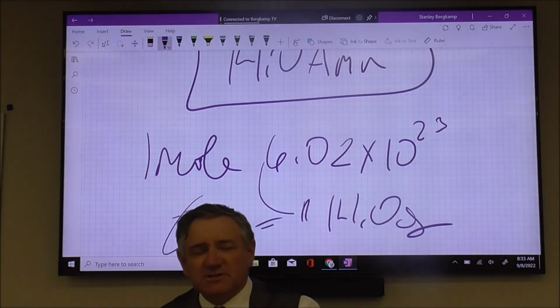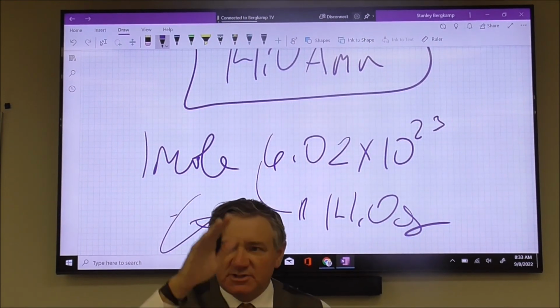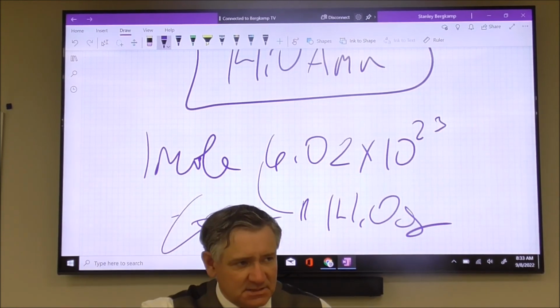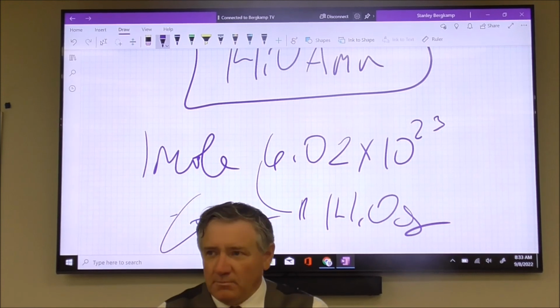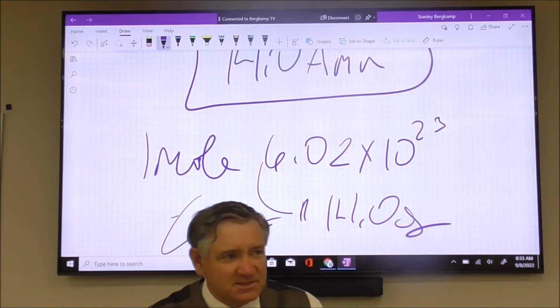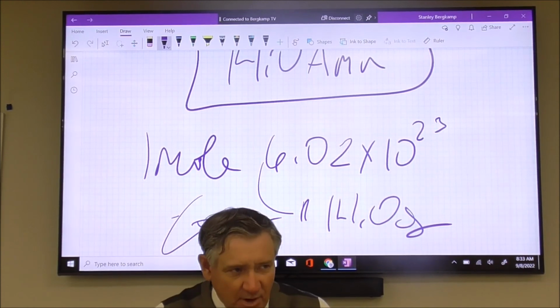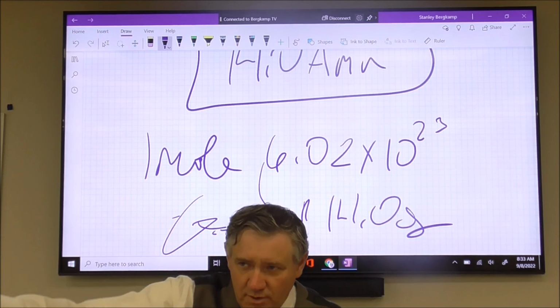I promise you, I'm going to ask you what is the relationship between Avogadro's number, mass, and relative atomic mass. You better be able to tell me that 1 mole of anything contains 6.02 times 10 to the 23rd particles, and the combined mass of all of those particles is equal to the relative atomic mass in grams.